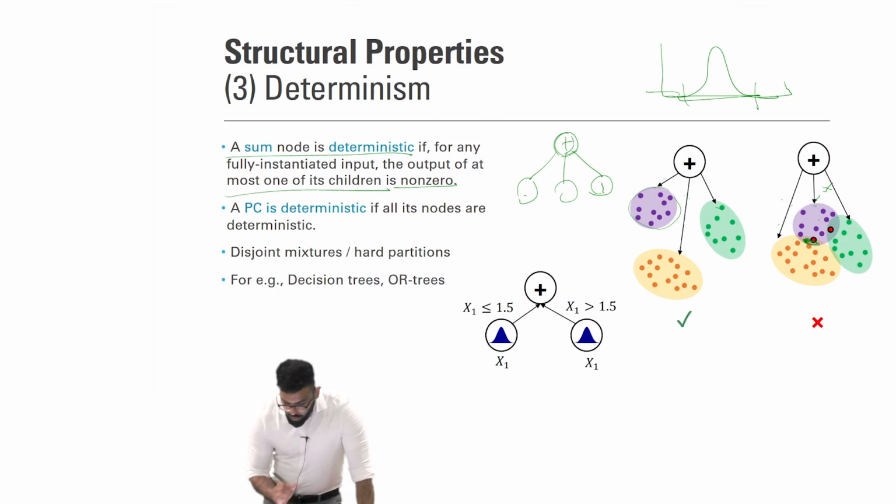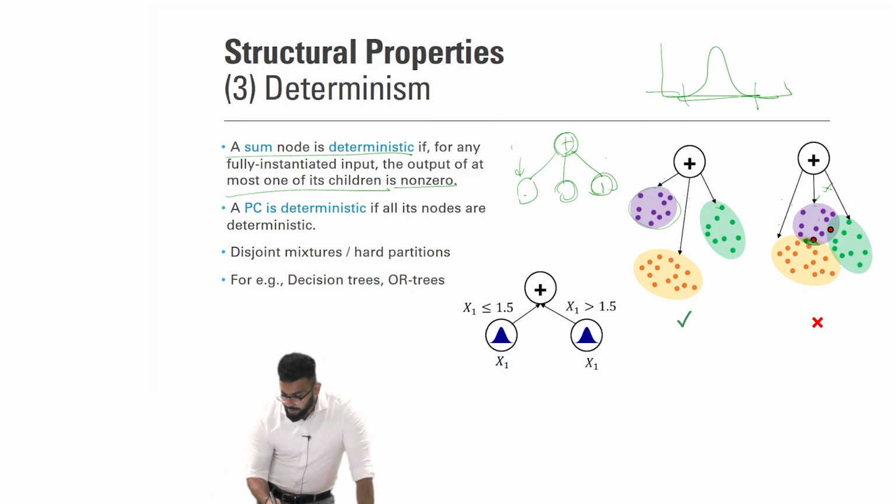Yeah, sure. So what does determinism say? It says that if you consider all the children of any sum node, at most one of them can be non-zero. So if this one is positive, then the other two should be 0. The way I try to explain this is, think of a mixture model, because what a sum node does at the end of the day is take a mixture.